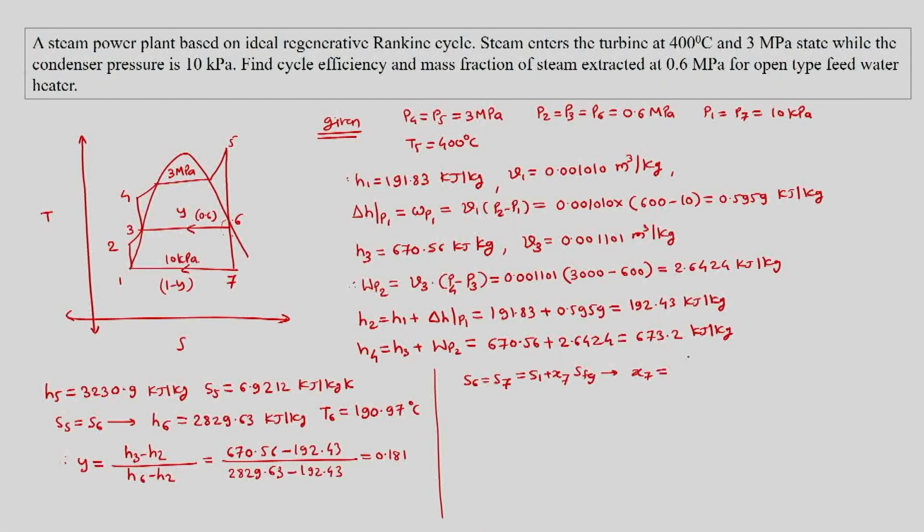So X7 is equal to S7 minus S1 divided by SFG, and this gives X7 equal to 6.9212 minus 0.6493, divided by SFG, which is SG 8.1502 minus SF 0.6493, and this gives us X7 as 0.836.